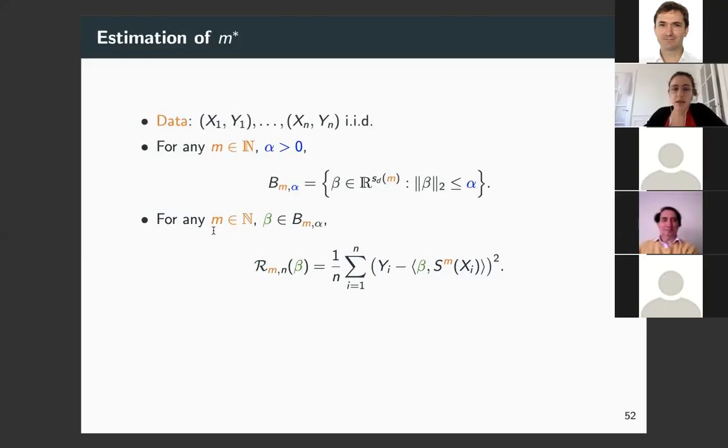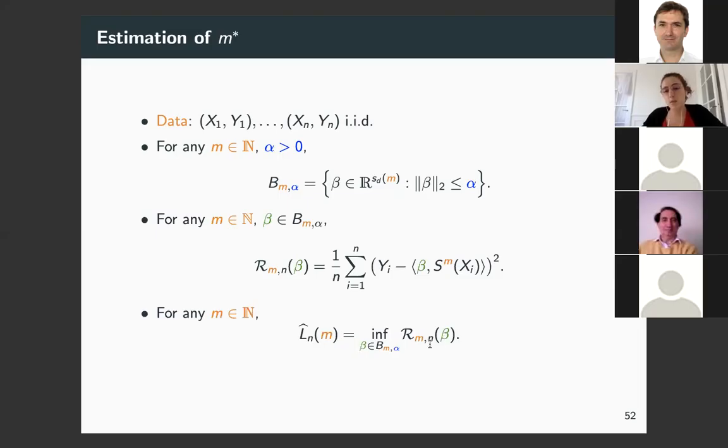So for each size m, I have a loss, Rmn of beta. And I will minimize it on the balls, Bm alpha. This gives me a quantity which only depends on m and not on beta, which is basically the minimum loss for any beta in the balls of radius alpha.